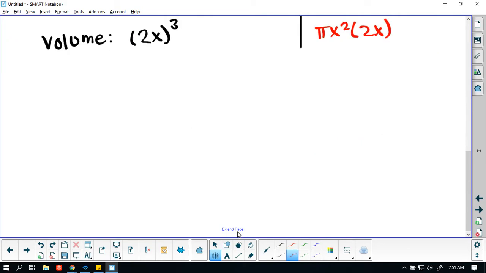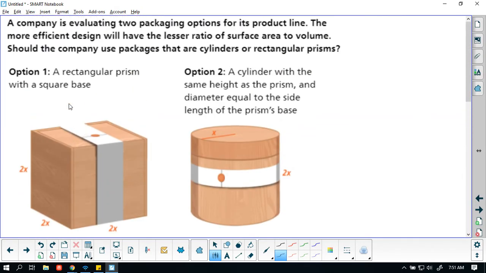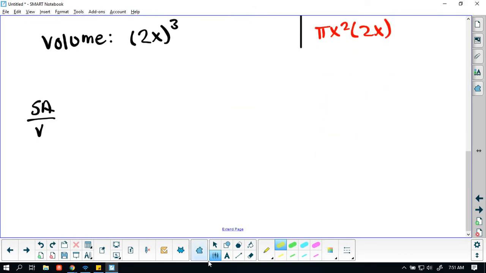So let's look at the surface area divided by volume, because we're going to look at this as a ratio of the surface area to volume. It says it right here in the word problem. We want the lesser ratio of surface area to volume. So for the prism, this equals 6 times 2x squared divided by 2x cubed.